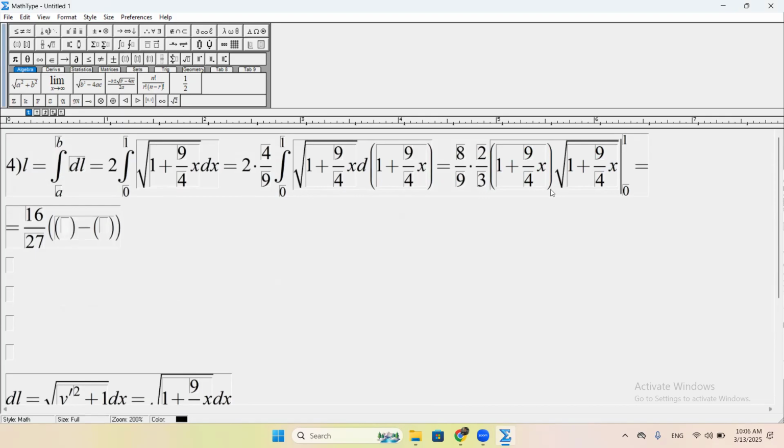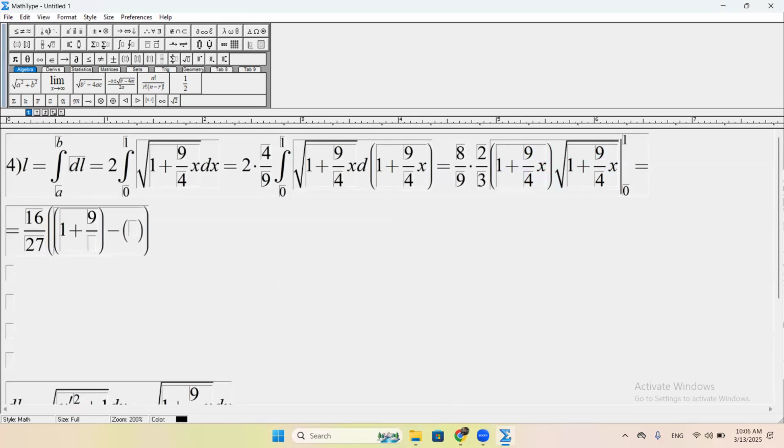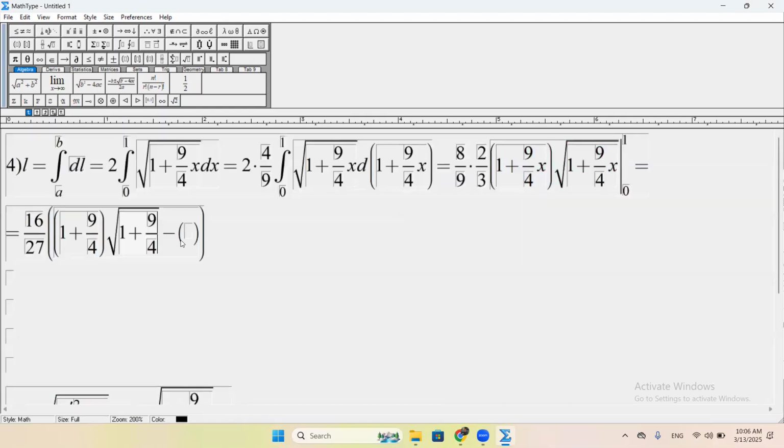1 plus 9 over 4, and the square root of this expression, minus 1. Okay, so let's calculate.